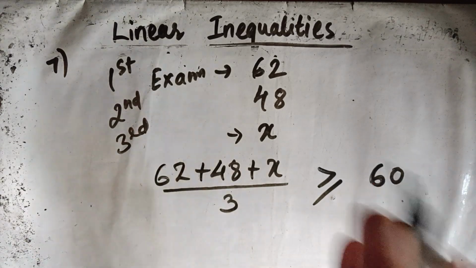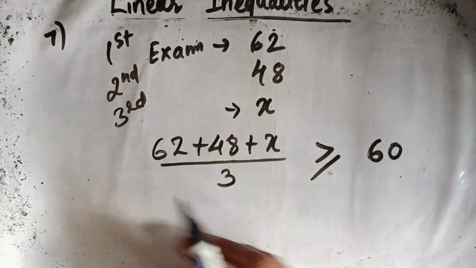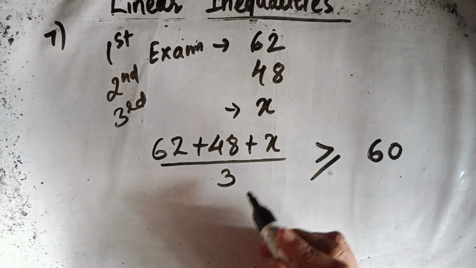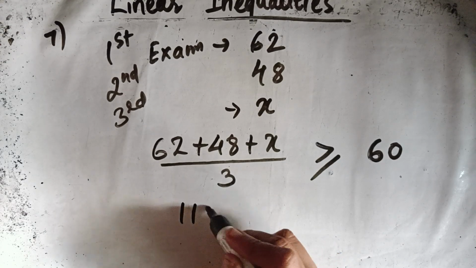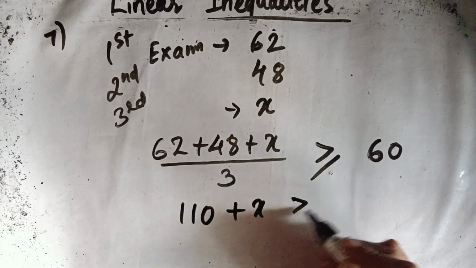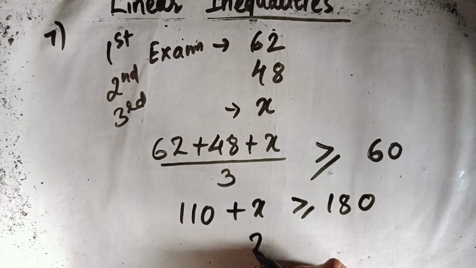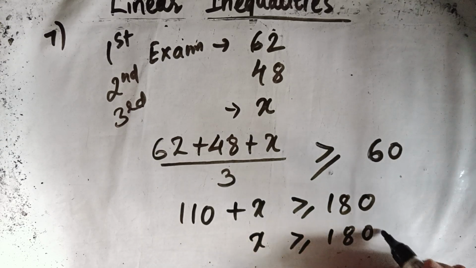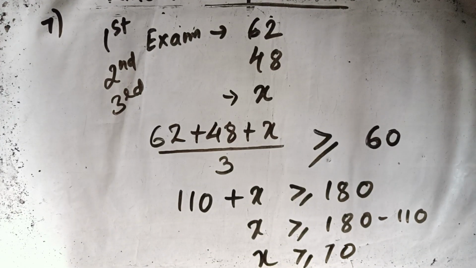Minimum should be 60, not less than 60. So solving this, multiplying, you will get 70. So you should get a minimum of 70 marks.